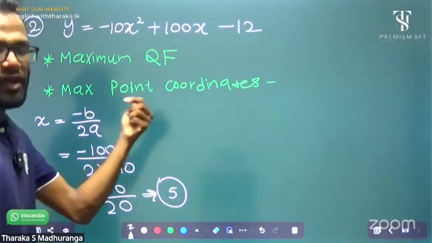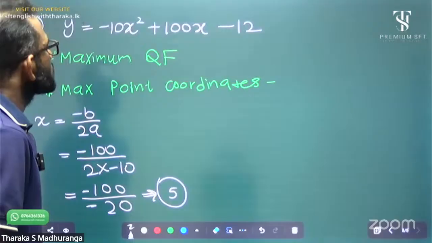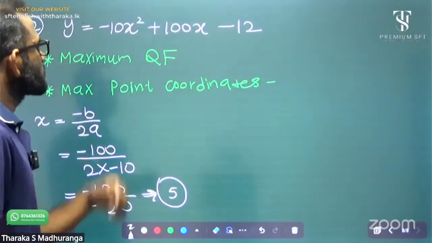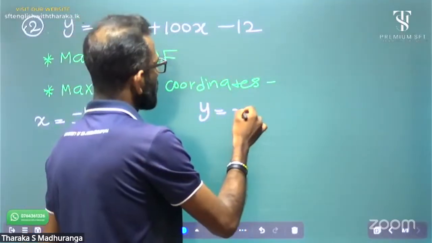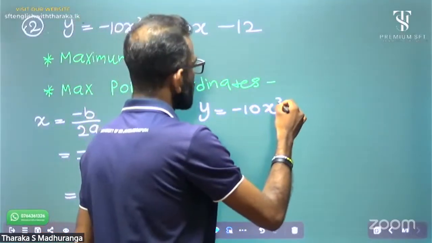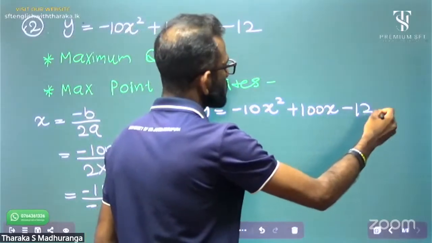Okay, now what is the y value? That's a challenging one. You can just substitute y equals minus 10x squared plus 100x minus 12.